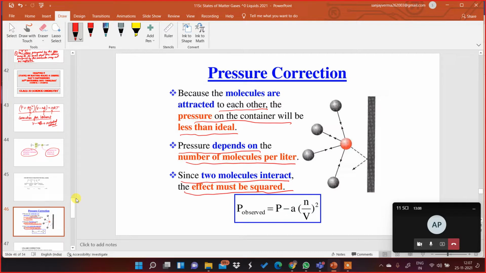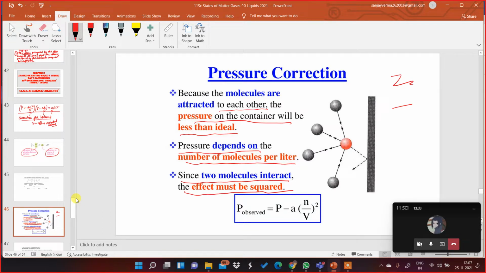Okay. Now remember, at high pressure, molecules of gases are very close to each other. These molecules do not strike the walls of the container with full impact because they are dragged by other molecules due to molecular attraction. Thus, the pressure exerted by the real gas is lower than the ideal gas.